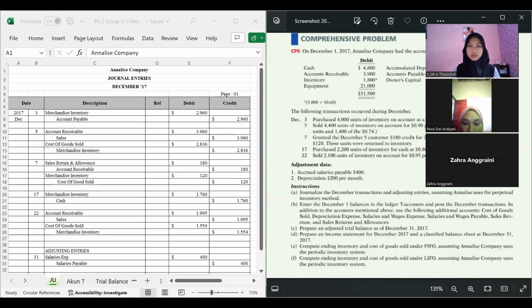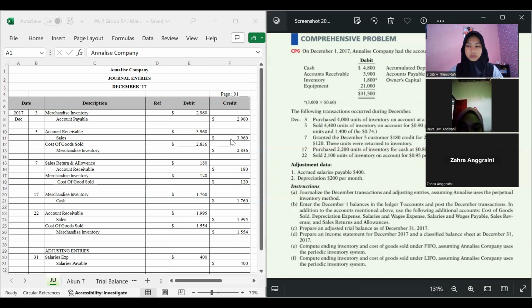The next transaction, on December 5, sold 4,400 units of inventory on account for $0.90 per unit. This is a sales of merchandise transaction and it is recorded using the perpetual method. So we will record it twice in the journal.